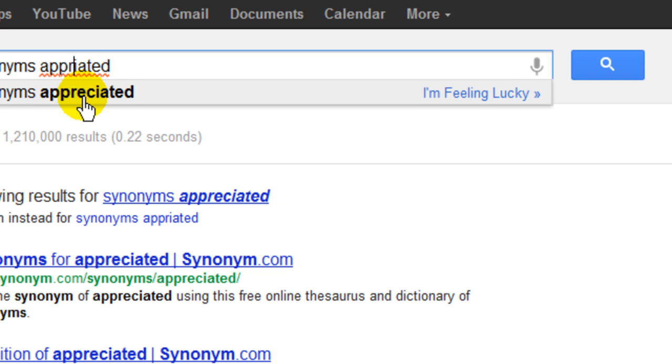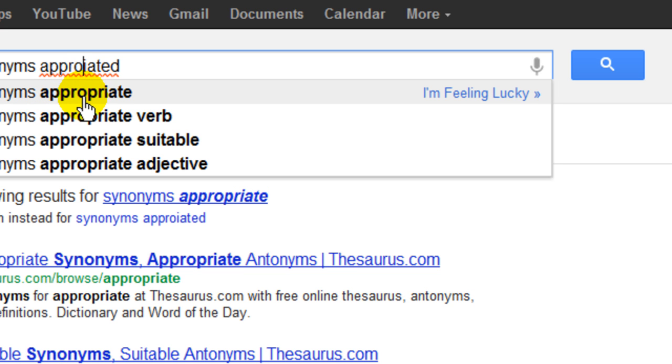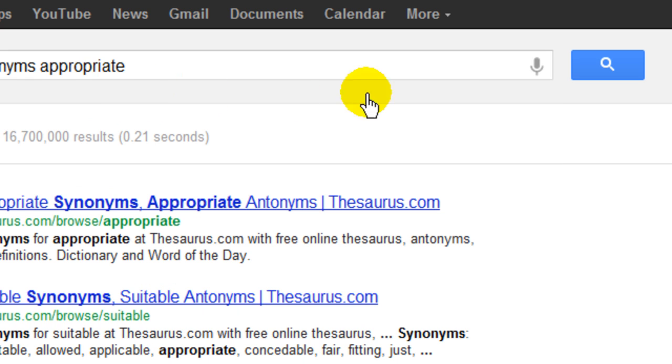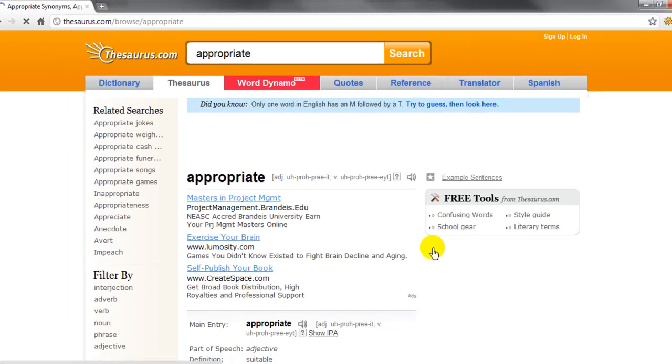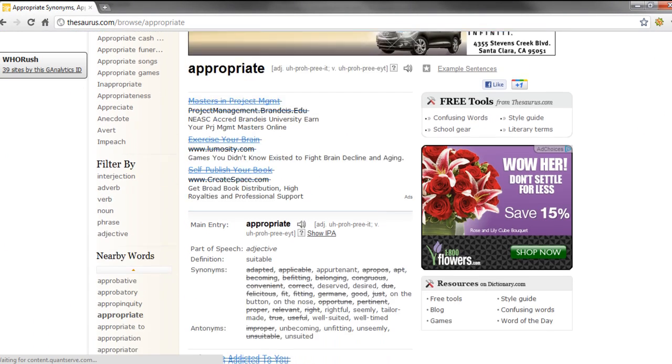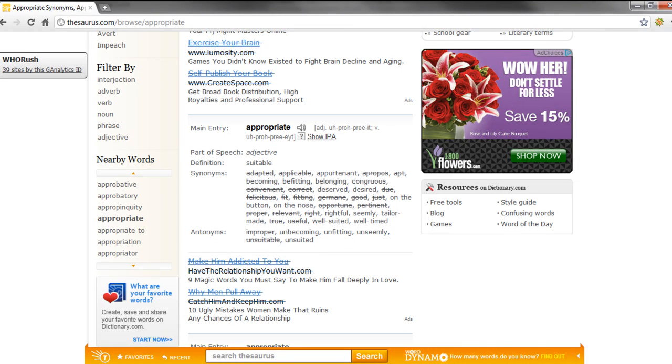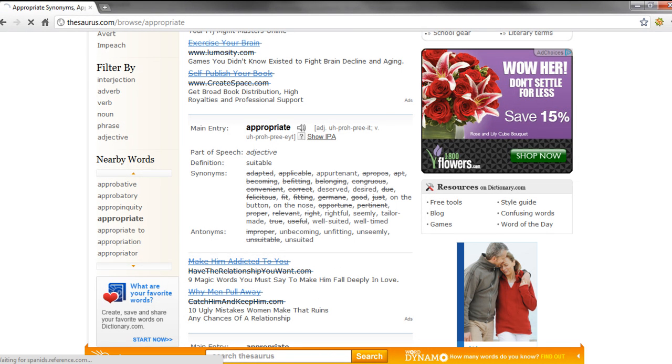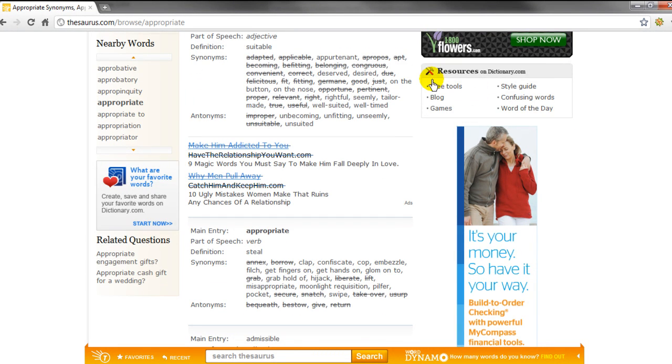Appropriate. Okay, let's see. Well, we can go to the thesaurus and see what synonyms exist. Hmm, a lot of these don't make sense.